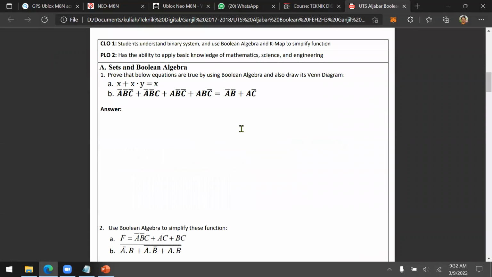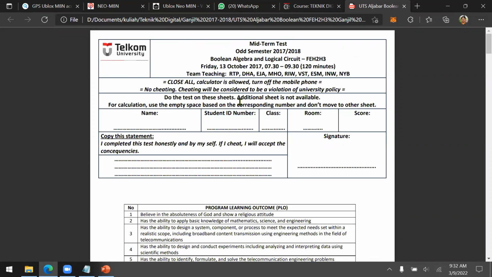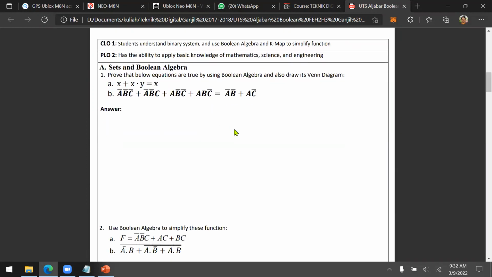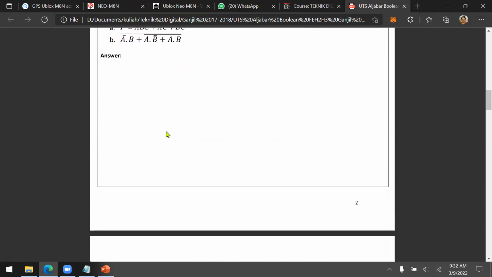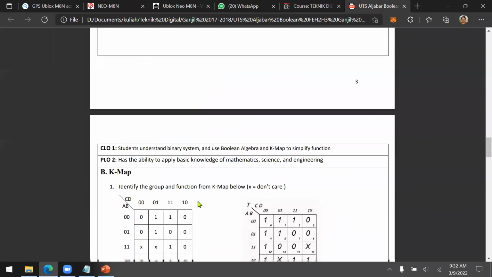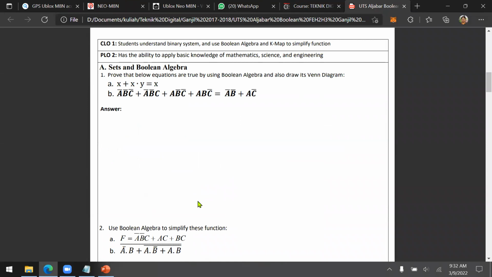This is the mid exam from 2017. The number 1 and number 2 is what we already discussed today, and also number 3 actually. Now we're going to discuss this mid exam.